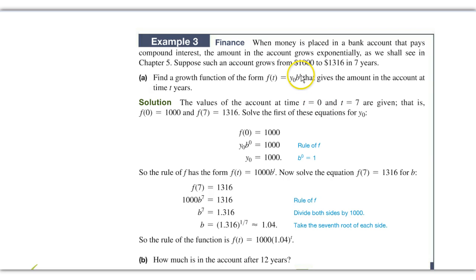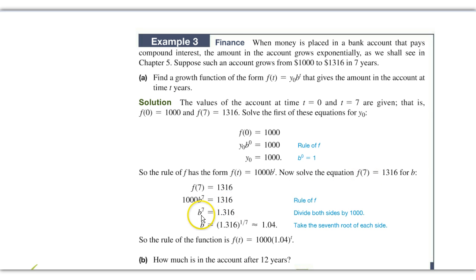So if we put a 0 for the T, B to the 0 power is 1. So we're saying if f of 0 is 1,000, and again B to the 0 is 1, we sort of get this to start with, but now our f is going to change to a 7, our value here.